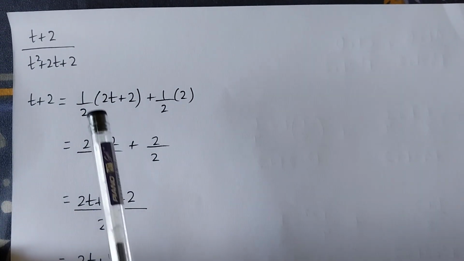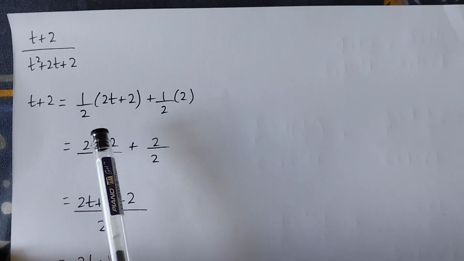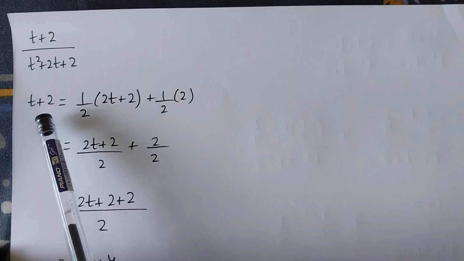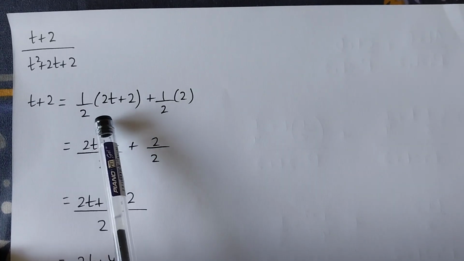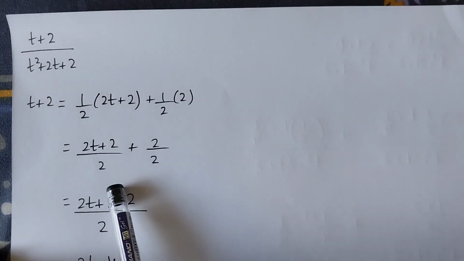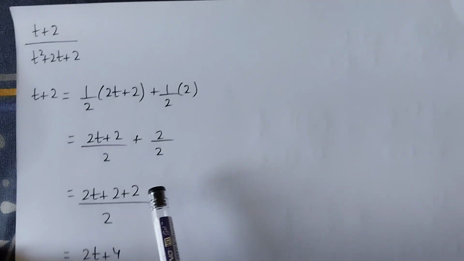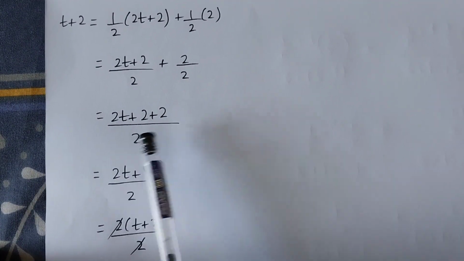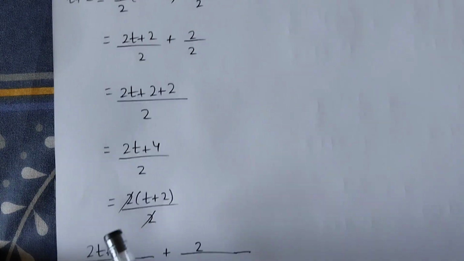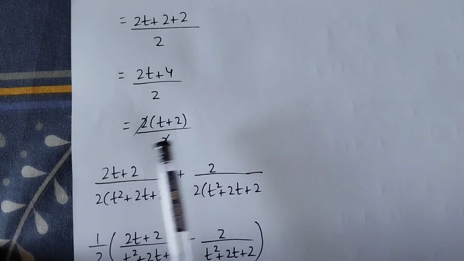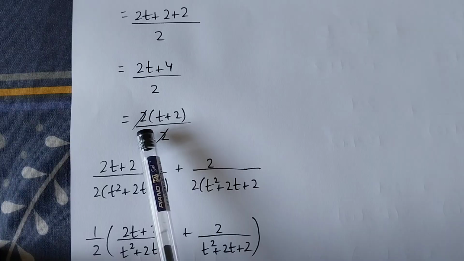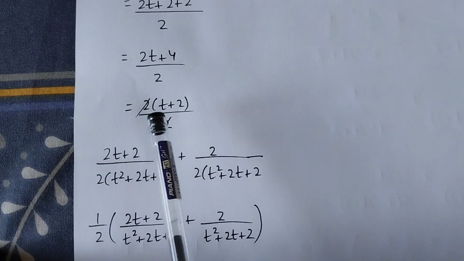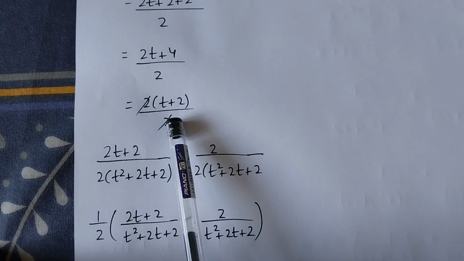And we can just solve it to see whether this is equal to t plus 2. This becomes 2t plus 2 over 2 plus 2 over 2, and the LCM is 2. So it becomes 2t plus 2 plus 2, that is 2t plus 4 over 2. When we take 2 common, we get 2 times t plus 2 over 2, so the 2's get cancelled out.